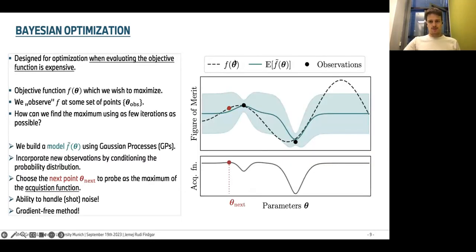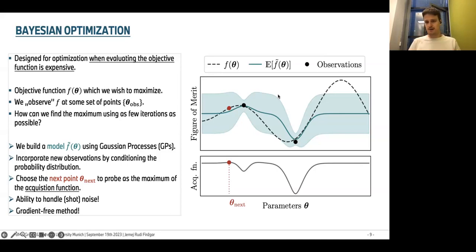So what is done in Bayesian optimization is that you use Gaussian processes as a model for the objective function. So basically, you don't know anything about a function, but you impose some sort of model which has parameters on top of it, and then you try to fit that model to the observations as they come in.